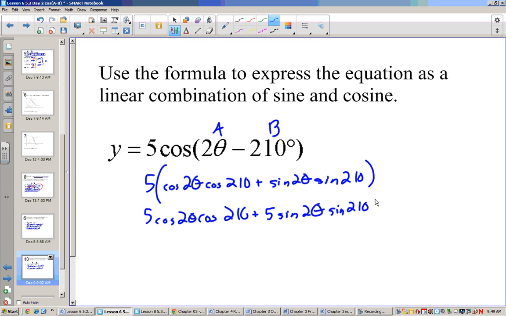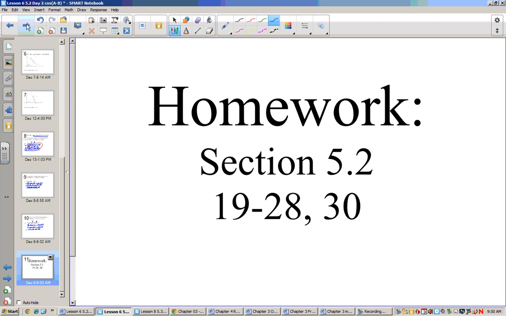So now I just take 5 cosine of 210 to get negative 4.33 cosine of 2 theta, and then 5 times the sine of 210 to get minus 2.5 sine of 2 theta. I should have a y equals maybe on there. All right, hopefully that makes sense to you, and hopefully you'll be able to do the homework.